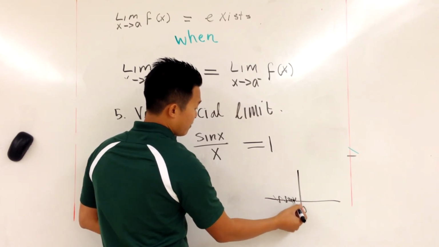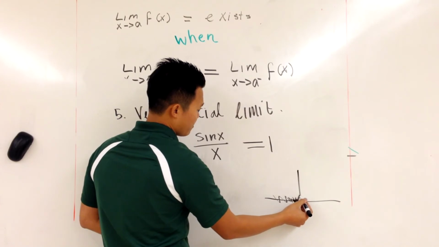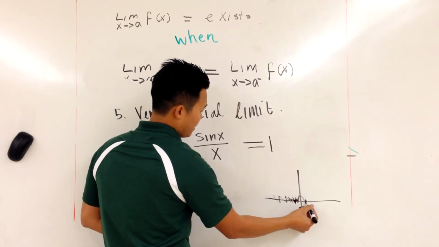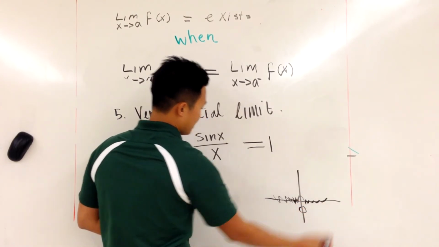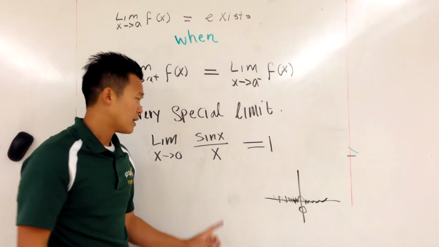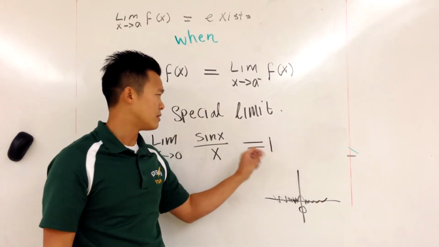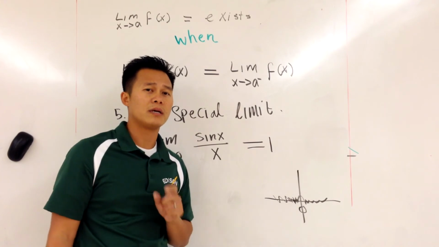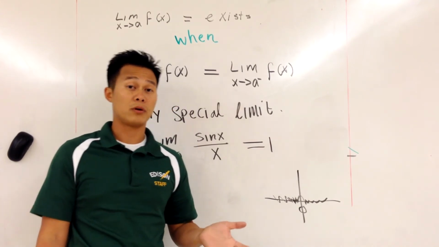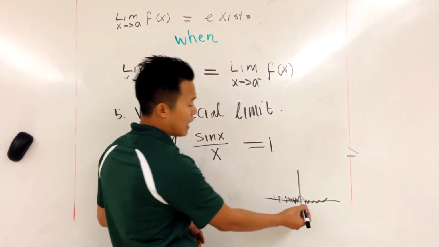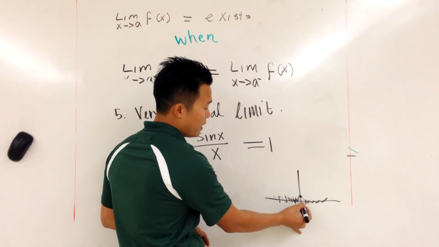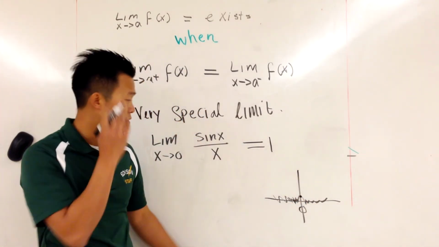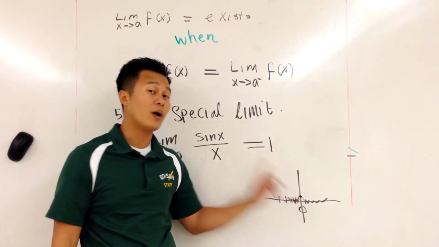But when it gets to 0, for some reason it just tends to behave really nicely, and then it will oscillate continuously. The only way for you to see this at the moment, assuming that you haven't had L'Hopital's rule, is by using a calculator and zooming in at 0. And if you zoom in at 0, you'll see that this is equal to 1.